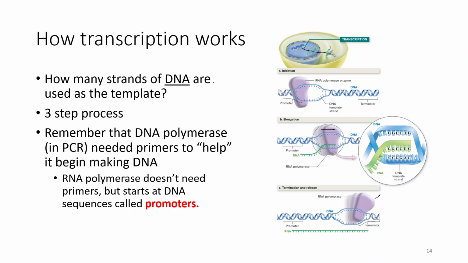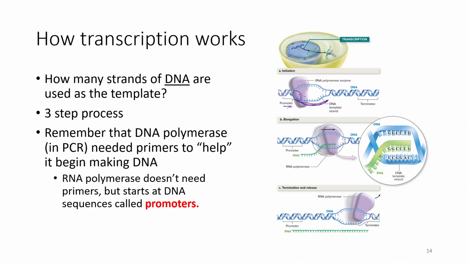Okay, so in transcription, we are reading one side of the DNA, right? We're looking at the gene on one side. So our RNA polymerase is going to bind to a section of the gene called the promoter.